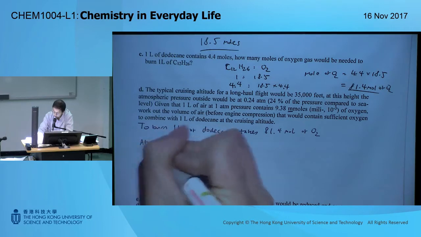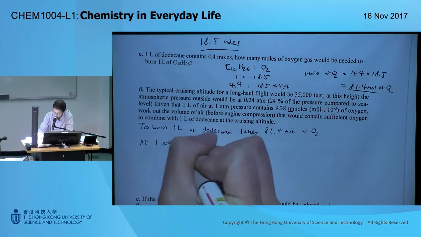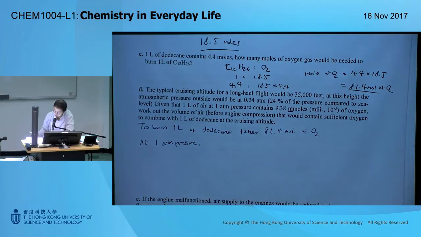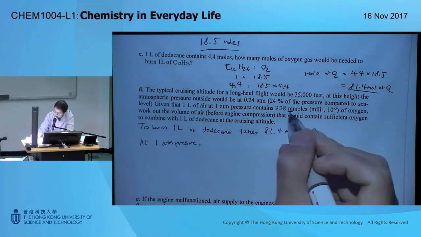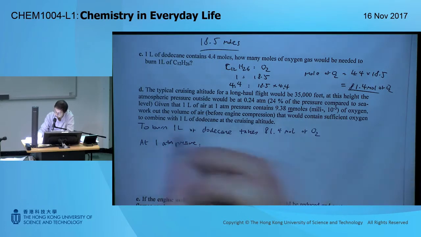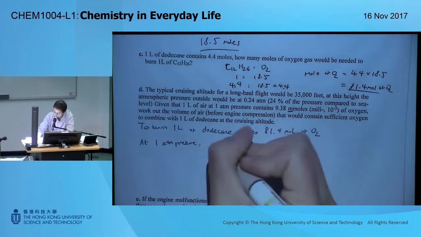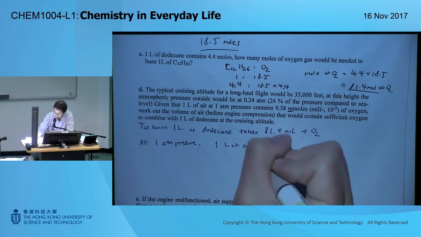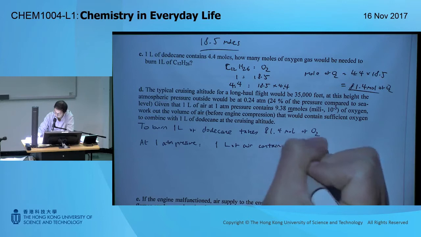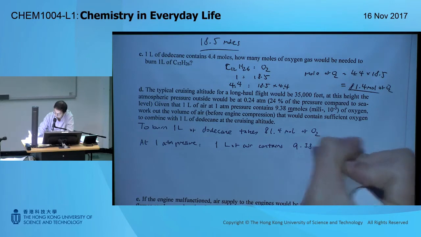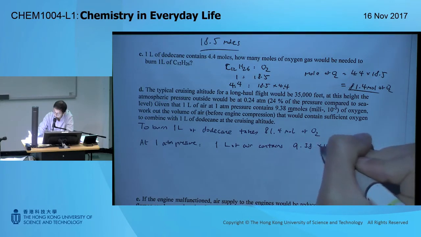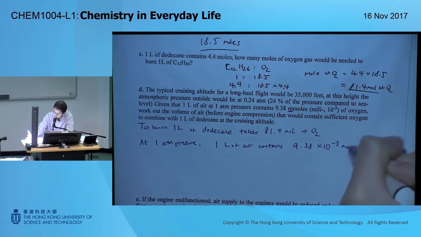If it is at 1 atmosphere pressure, it contains 9.38 millimoles of oxygen in 1 liter. So that's 9.38 times 10 to the minus 3 moles of O2.